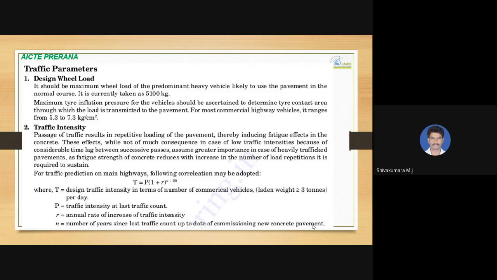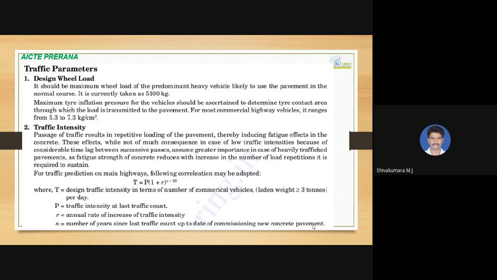The maximum tire inflation pressure for the vehicle should be ascertained to determine the tire contact area through which the load is transmitted to the pavement. For most commercial highway vehicles, it ranges from 5.3 to 7.3 kg per centimeter square.